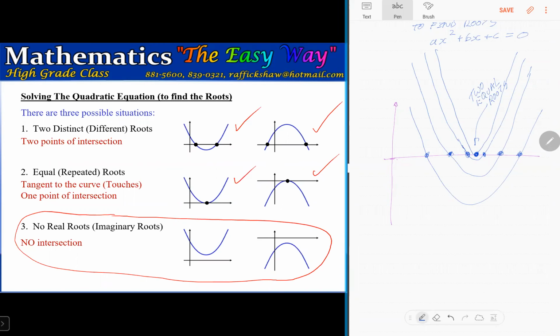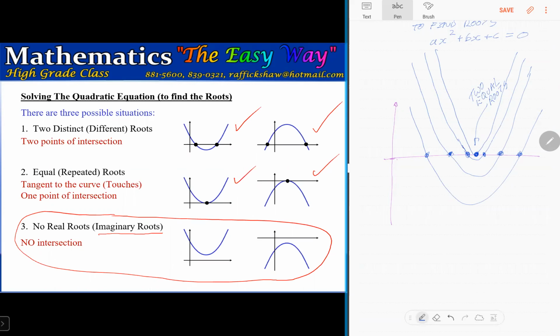So you can have two different roots on a quadratic function, or two equal roots, or two imaginary roots down here. But CSEC will not give you a question to find imaginary roots, so you don't have to worry too much about the third one.